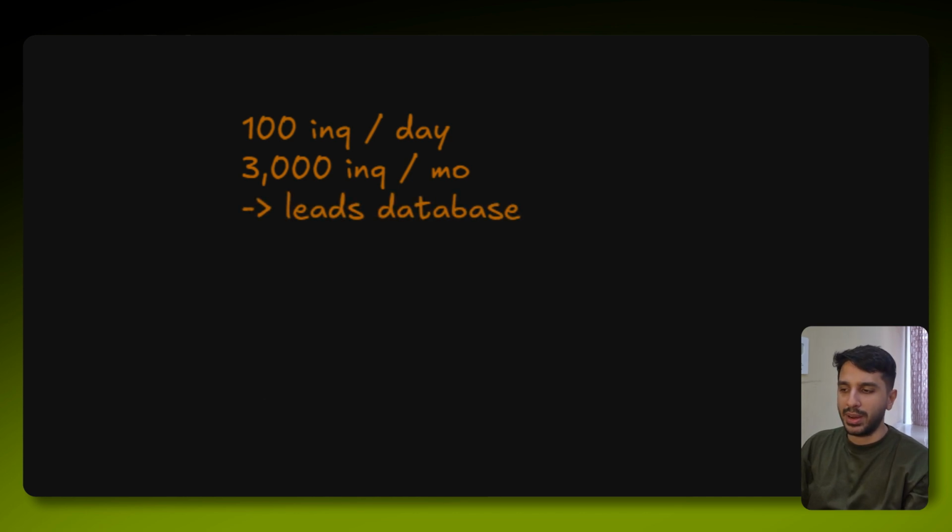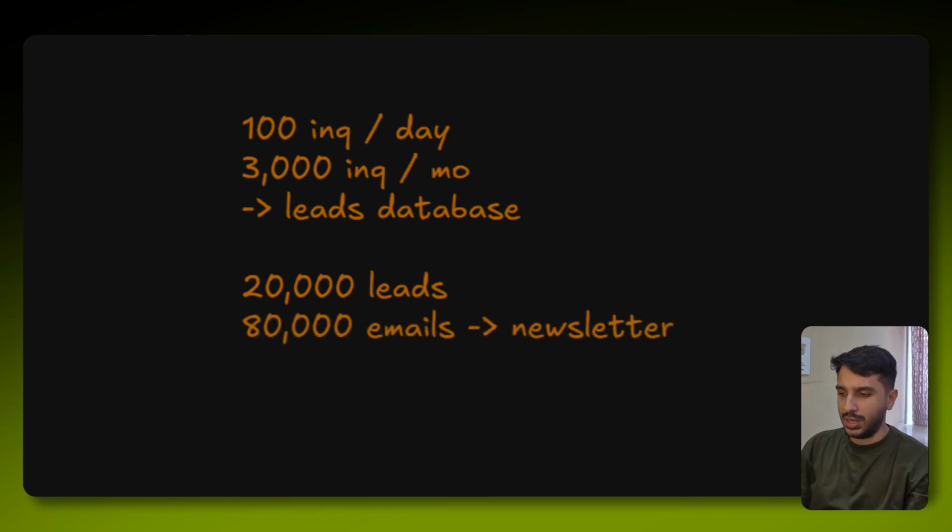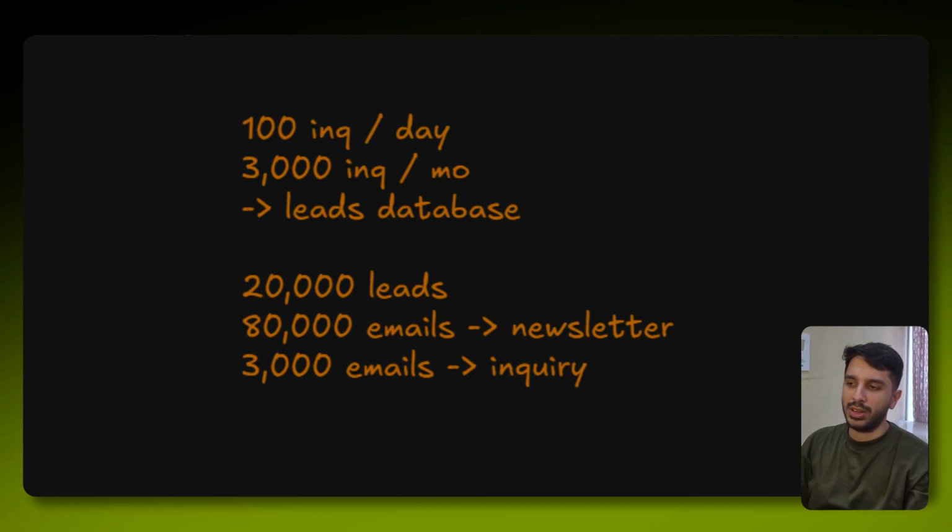Right, so currently my leads database is sitting in 20K leads. Every week we send a newsletter to our customers. So we have about 80,000 emails for newsletter and then 3,000 emails for inquiry. So this is my current use case.